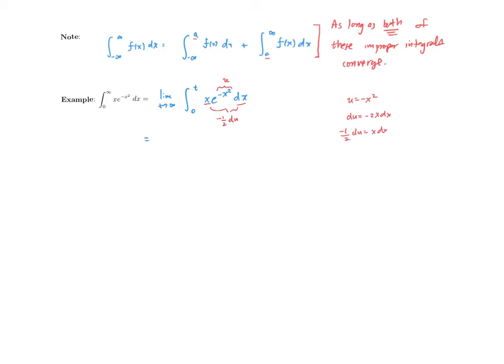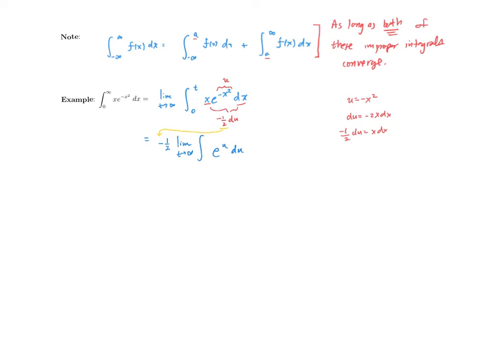The constant can be pulled outside of the integral and even in front of the limit, if we would like, to write this as minus 1/2 times the limit as t approaches infinity of a definite integral with limits of integration yet to be determined, and our integrand is simply e to the u du.